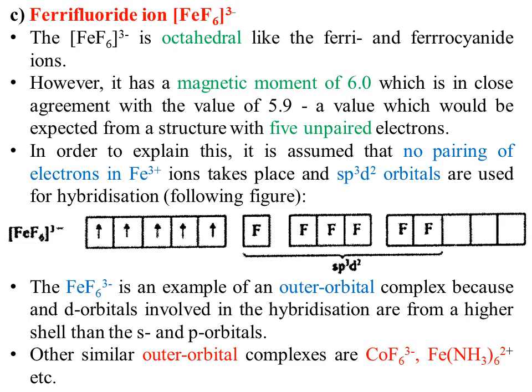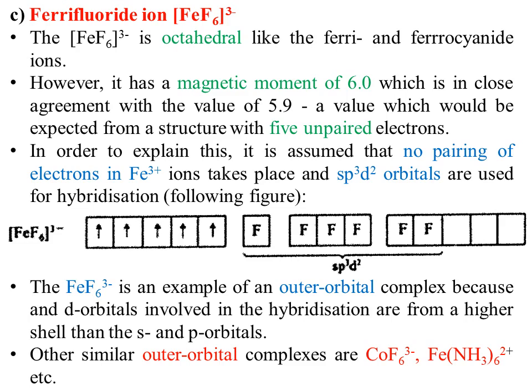In this case, the reason behind outer orbital complexes having sp3d2 hybridization lies in the fact that fluoride ion is a weaker ligand as compared to cyanide, as we have observed in our previous example. In previous cases, we observed that a cyanide ligand can pair up electrons present in the d subshell.